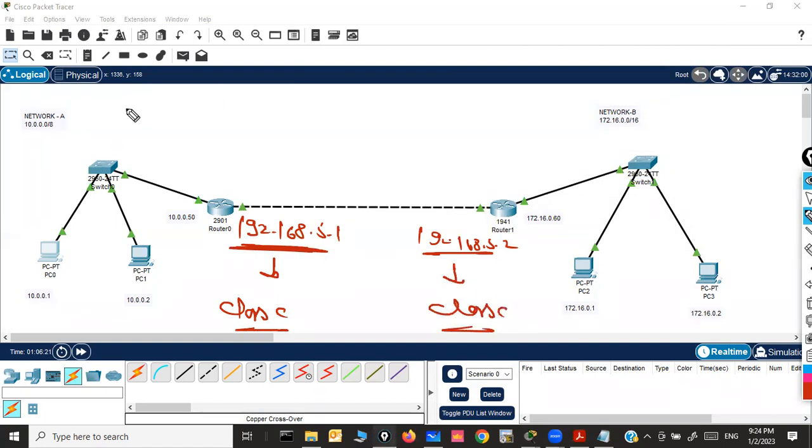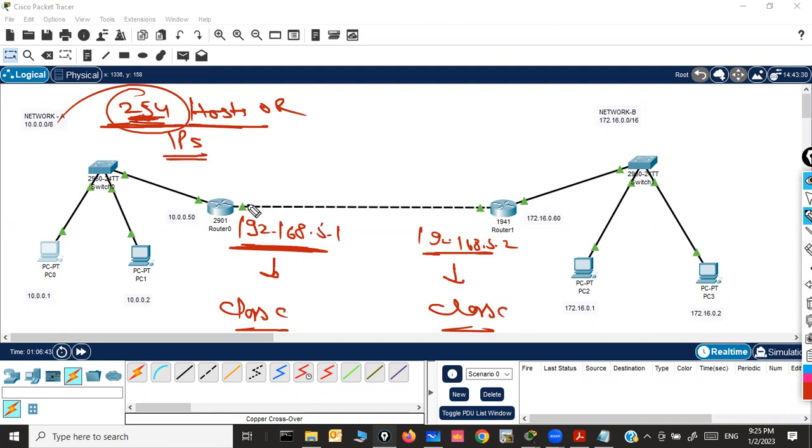And in class C, if you remember, there is a maximum of 254 hosts or IP addresses available. 254 IPs in a single network.